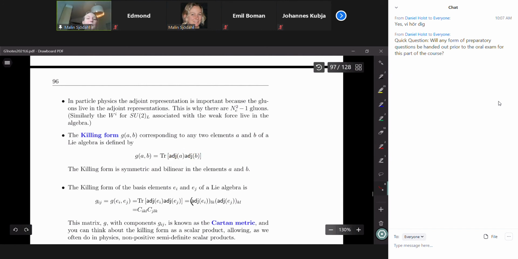Clearly, this is a symmetric operation, so the trace is cyclic, so you can move the A to the other side. So it's obviously symmetric. It's clearly also linear in A and B, so it's bilinear. So it fulfills a lot of the properties that we expect from metrics.